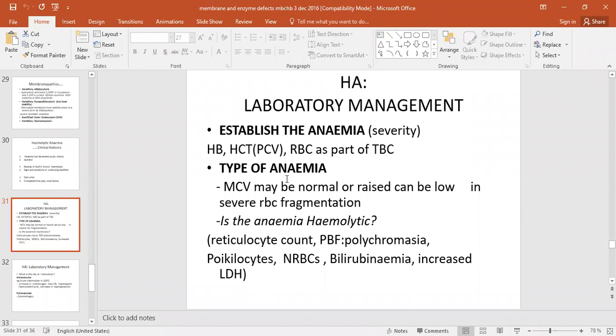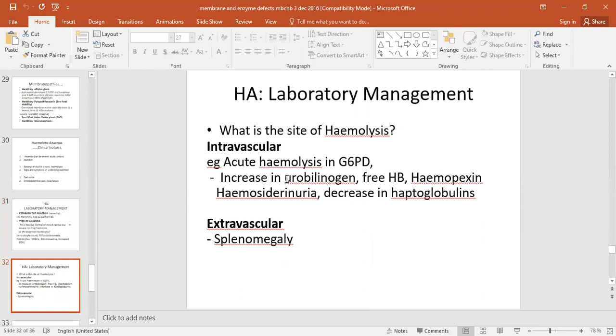Other investigations may require that you check the bilirubin levels and the lactate dehydrogenase levels. So all the things that I mentioned when we started the lecture would also be affected. The other thing is you want to ask yourself the site of hemolysis. Is it intravascular or extravascular?